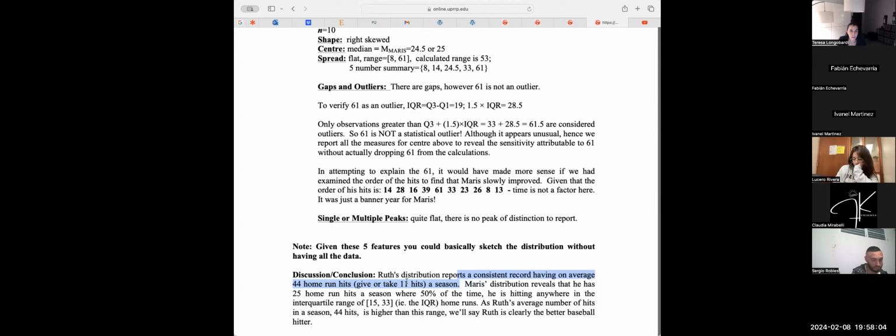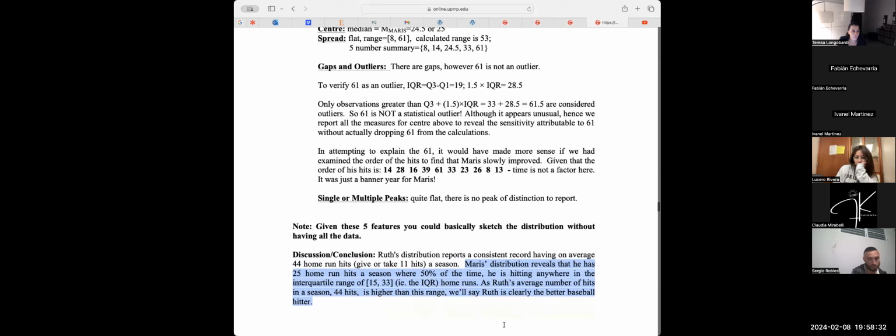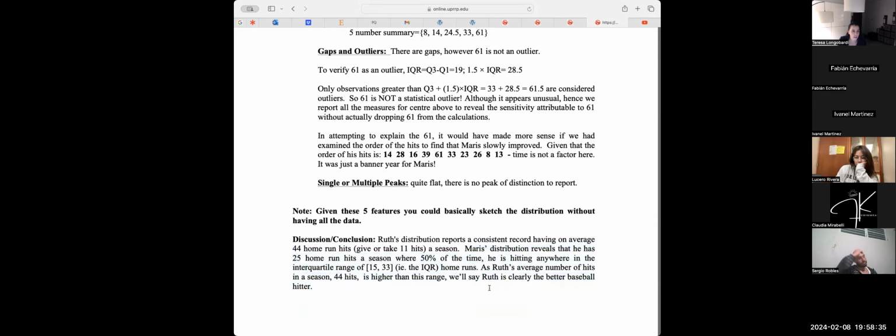Remember, that's how we use the sample standard deviation. Hold on, let me move this. Maris's distribution reveals that he has 25 home run hits a season, where 50% of the time he's hitting anywhere in the interquartile range of 15 to 33. Ruth's average number of hits a season is 44 hits, which is higher than this range.